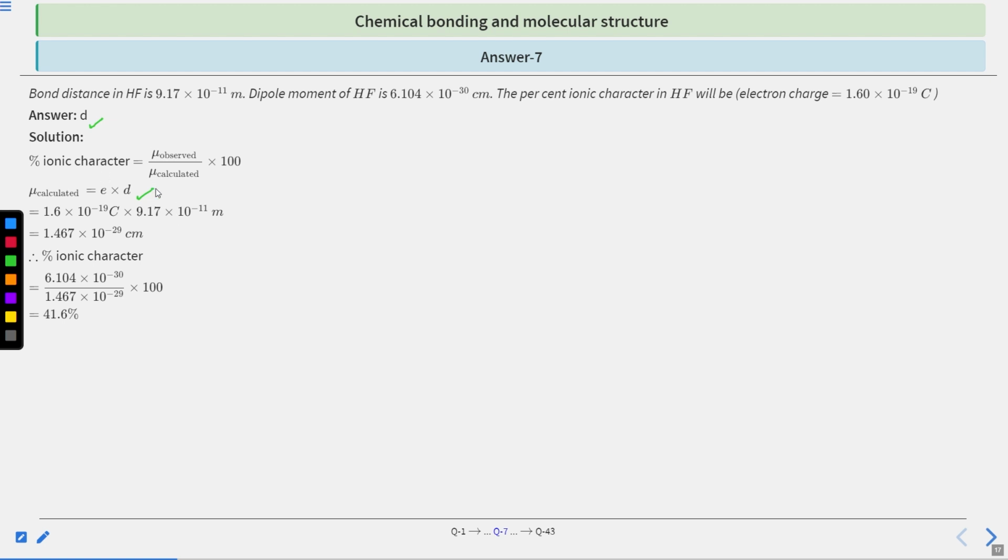On multiplying this, we get 1.467 multiplied by 10 to the power minus 29 coulomb meter. On putting the value of mu calculated in the formula, it is 6.104 multiplied by 10 to the power minus 30 upon 1.467 into 10 to the power minus 29, multiplied by 100. It is coming out as 41.6%. Hence, option D is the correct answer.